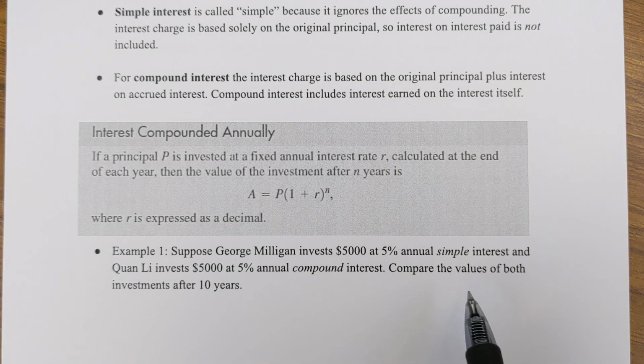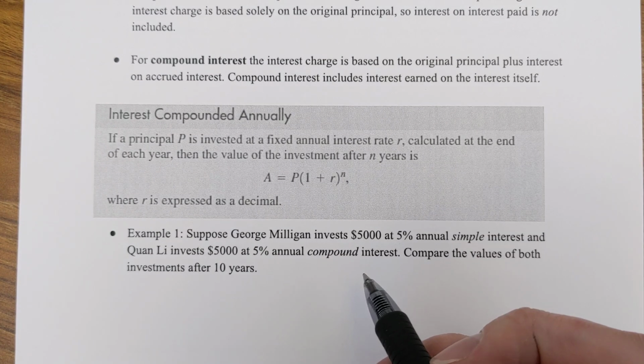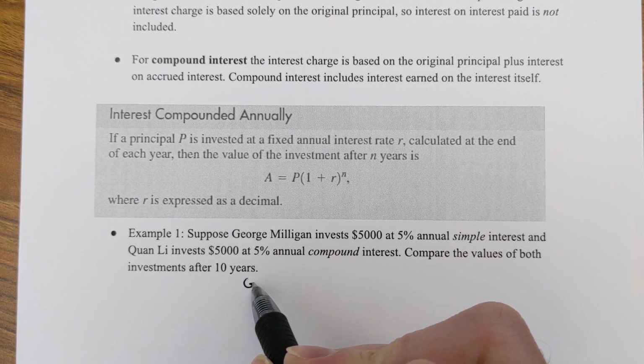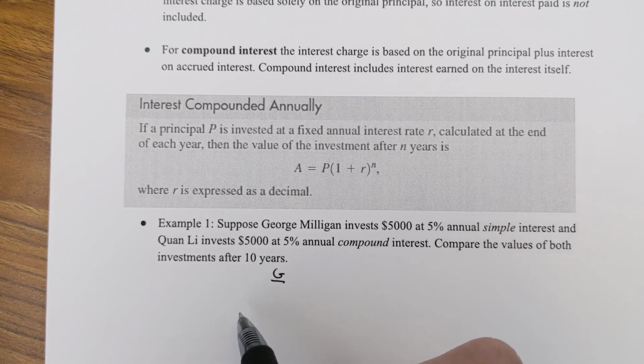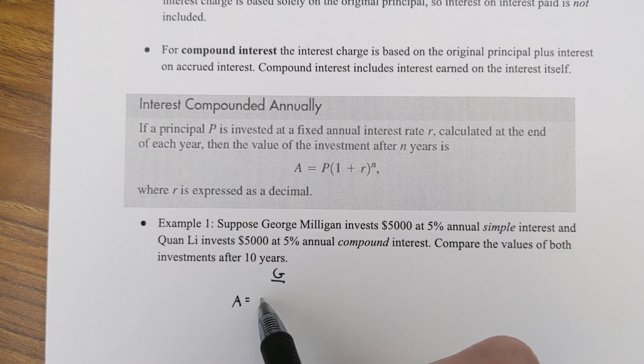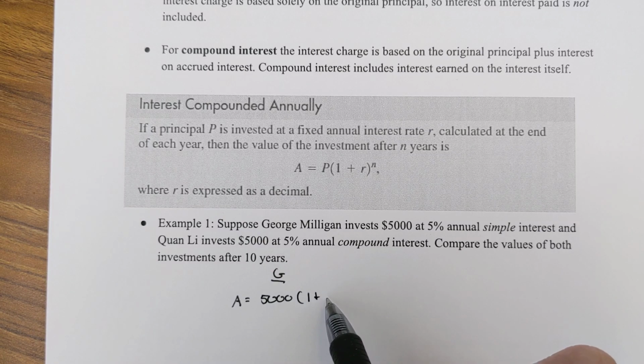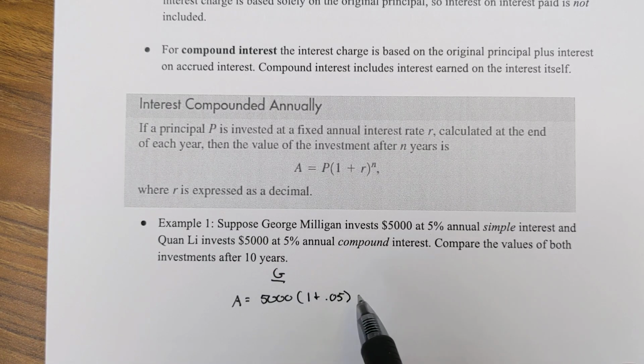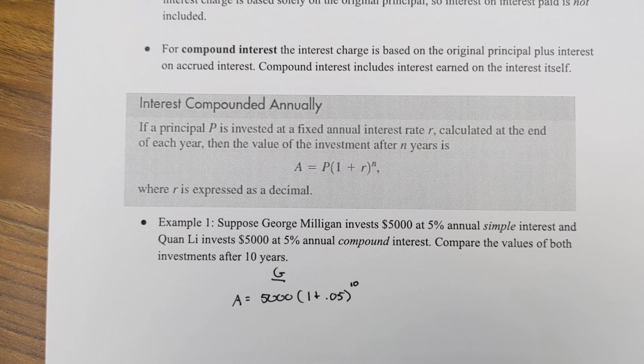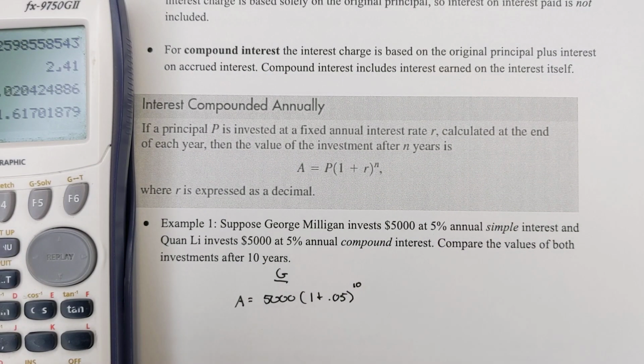Compare the values of both investments after 10 years. So for George, the amount of money in his account is equal to the principal, $5,000, times 1 plus the interest rate, 0.05, and it's going to go for 10 years. So that's a relatively straightforward calculation.